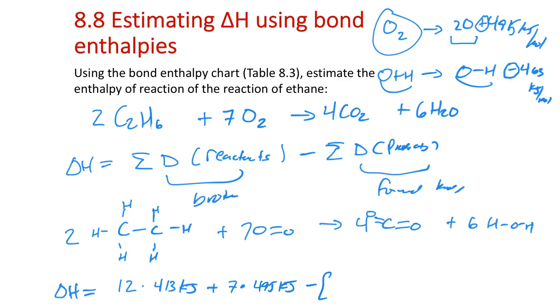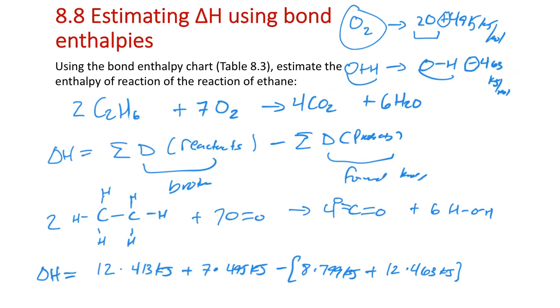So I have 4 times 2, so I have 8 carbon-oxygen double bonds. That is 799. And then plus 12 times 463 kJ per mole for the bonds of water that we're making.